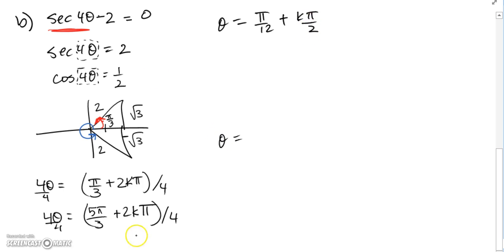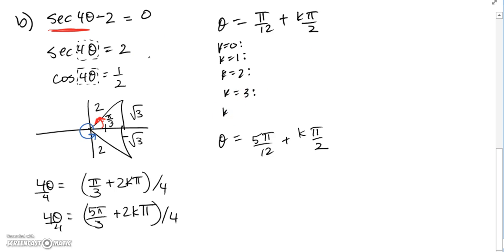And then the other one will be 5 pi over 12 plus k pi over 2 once I reduce. And it looks like in this case I can let k be 0, I can let it be 1, I can let it be 2, I can let it be 3.